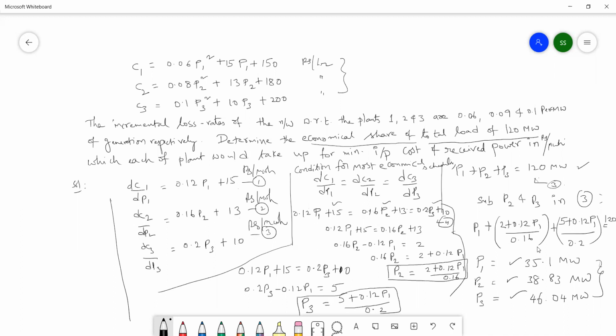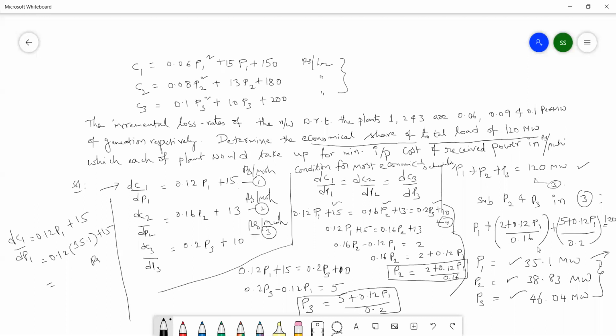If all of you got the same answers, now take your P1 and substitute it in the incremental fuel cost, dC1 by dP1, which is 0.12 P1 plus 15, where 0.12 P1 is the least value: 0.12 times 35.1 plus 15.